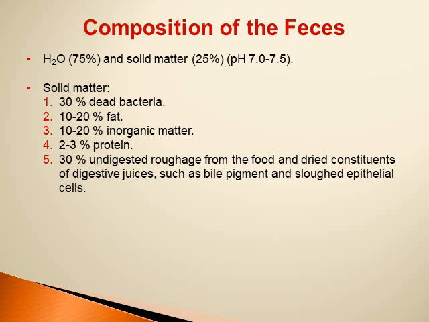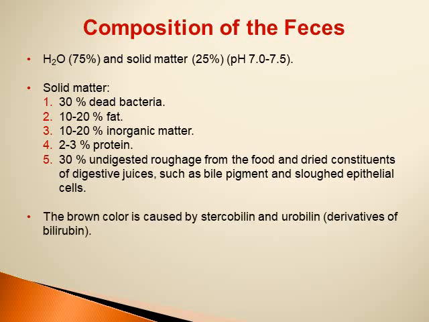The mucosal epithelial cells that were replaced by newer cells will be sloughed and will be part of the fecal material. The brown color of fecal material is caused by stercobilin and urobilin. Both are derivatives of hemoglobin degradation or bilirubin.